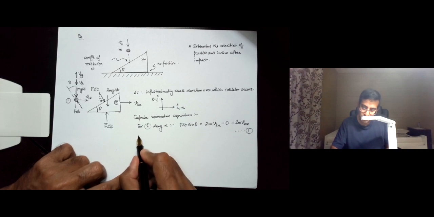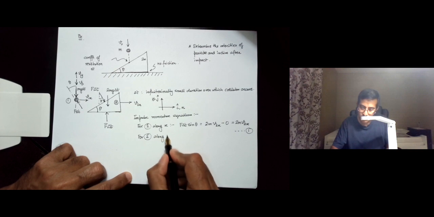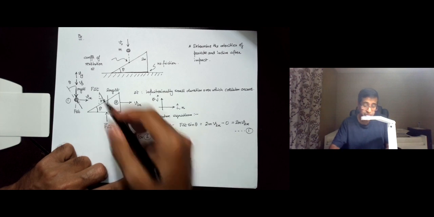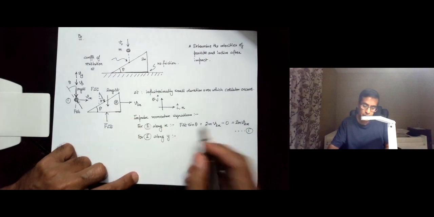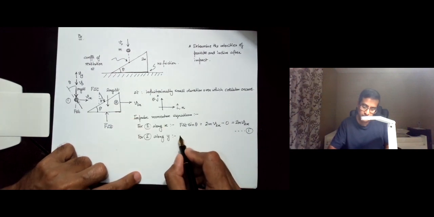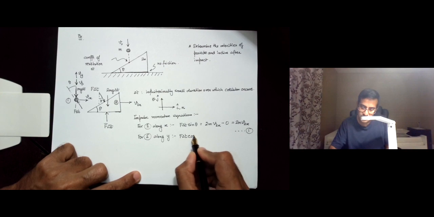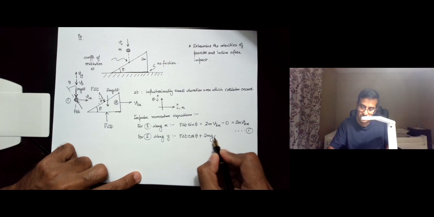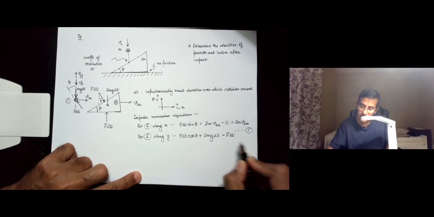Now same for 2 along y, we will have, note that in the y direction there is no motion, so all these impulses must cancel each other. So then we have f delta t cosine theta plus 2mg delta t is equal to f bar delta t.